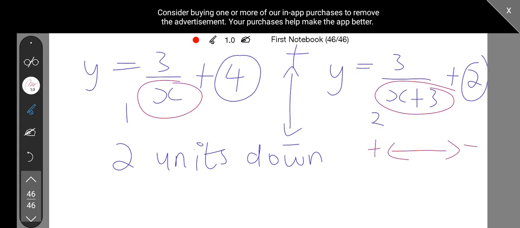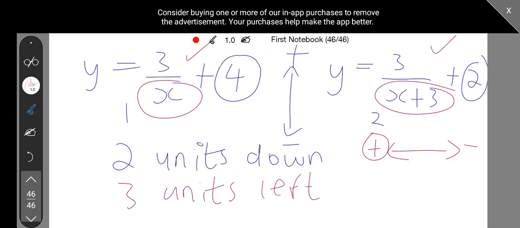So from x to x plus 3, we went this direction. This means we went 3 units left. Sometimes the examiner can say, give the transformation, tell us how this graph moved to form this graph. Well, we have to say that it moved 2 units down and 3 units to the left. I hope it is clear.